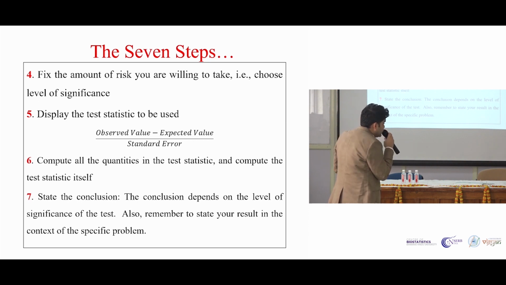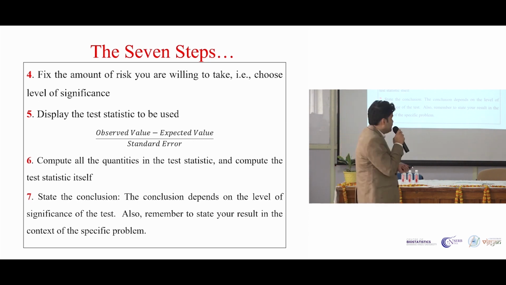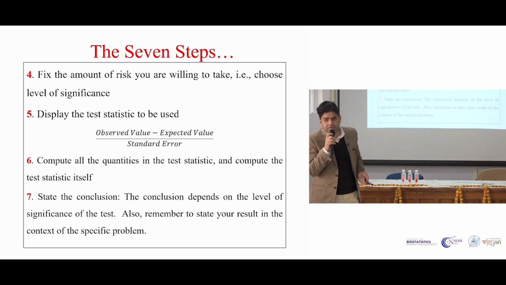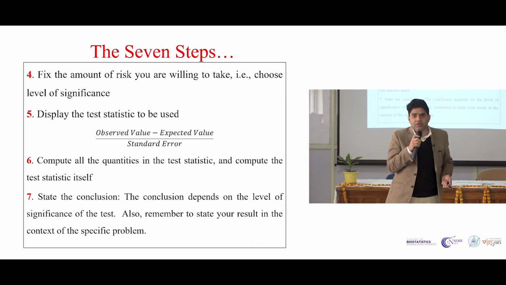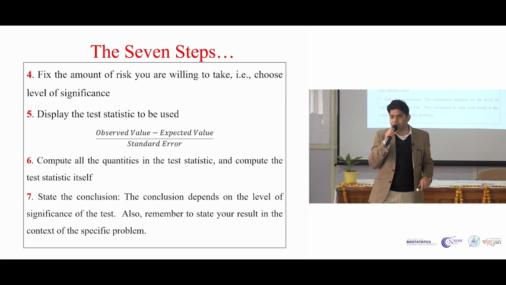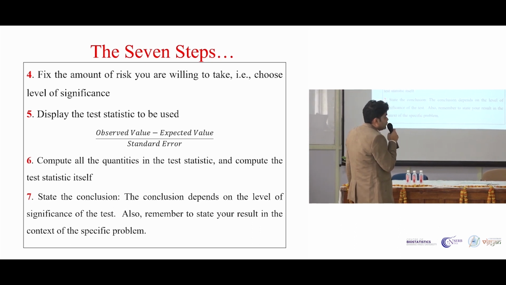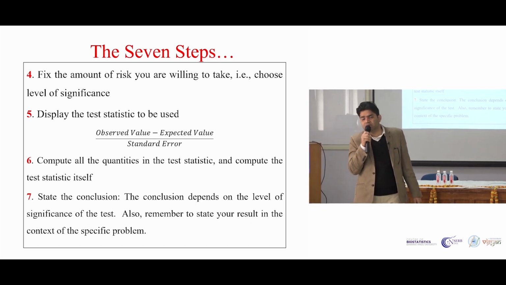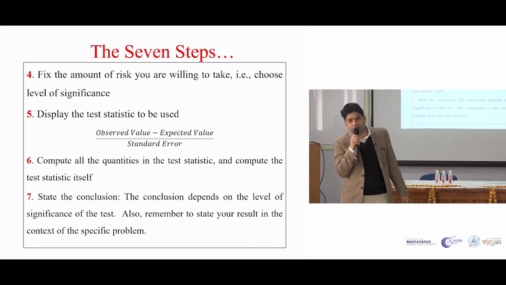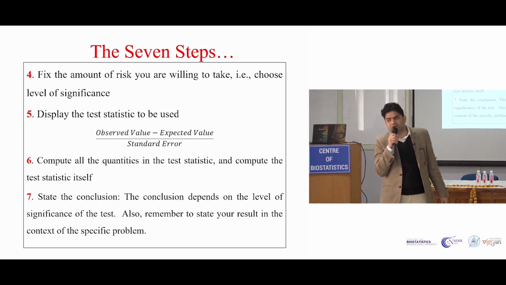What we are doing in the sixth step is that you can precisely write it down: if the calculated test statistics value is more than the tabulated value, we will reject the null hypothesis.